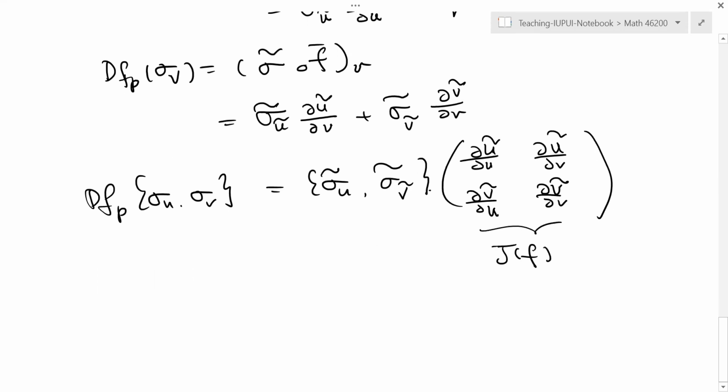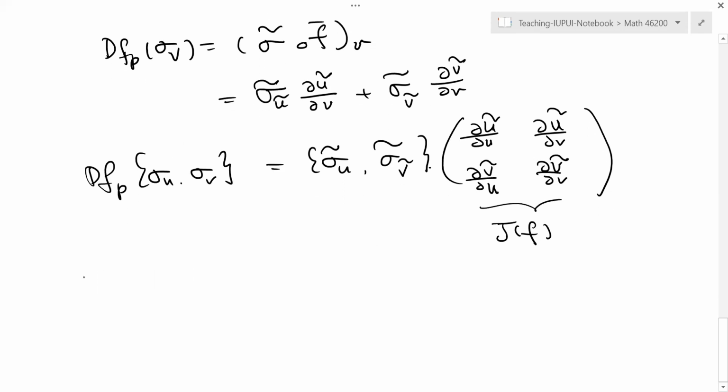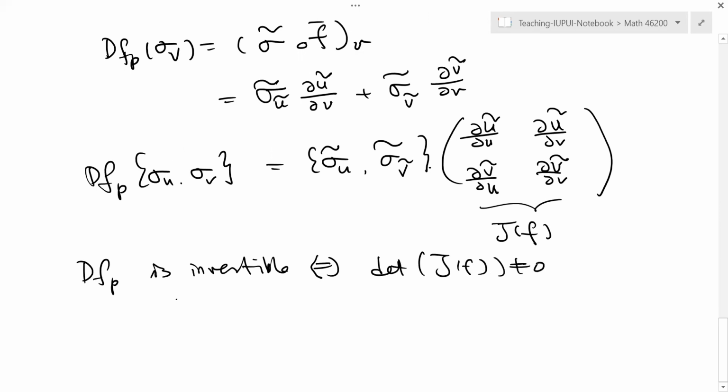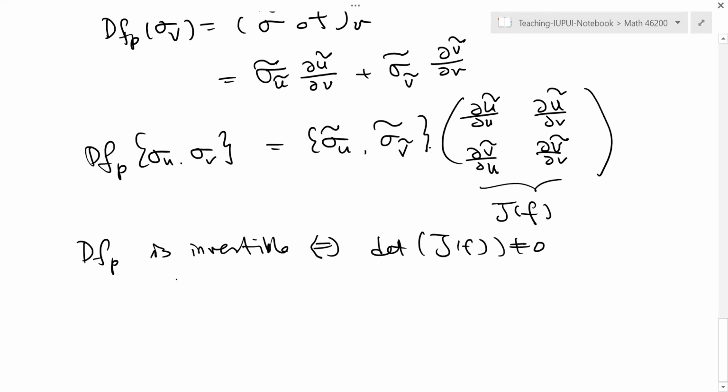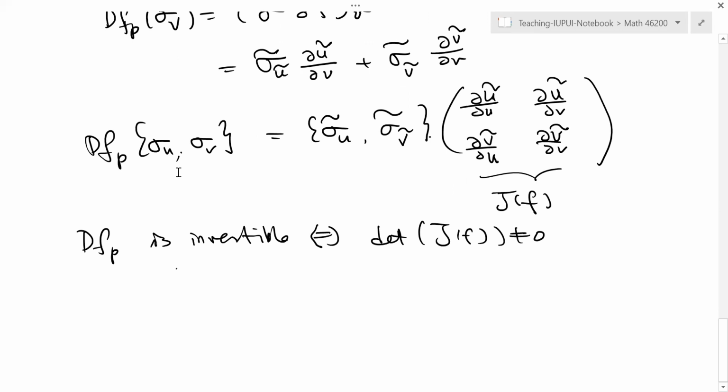So dF_P is invertible if and only if the determinant of this 2x2 Jacobian matrix at that particular point is not 0. This is linear algebra. This is the Jacobian, and so you can look at a linear map using the matrix.